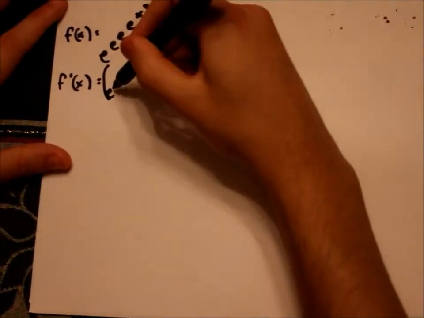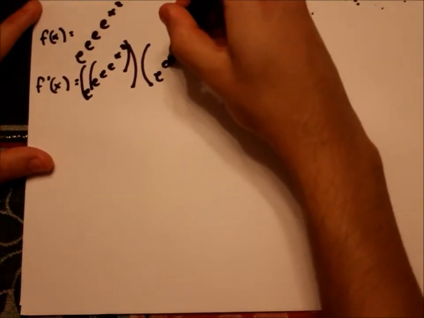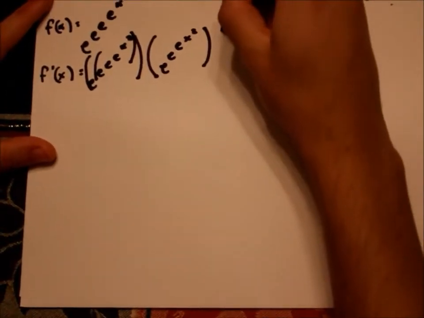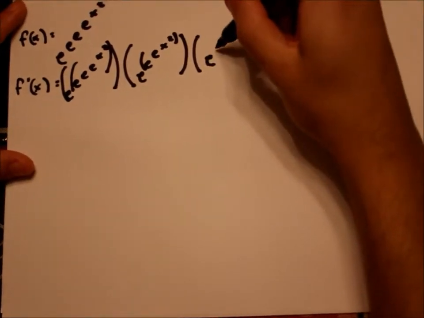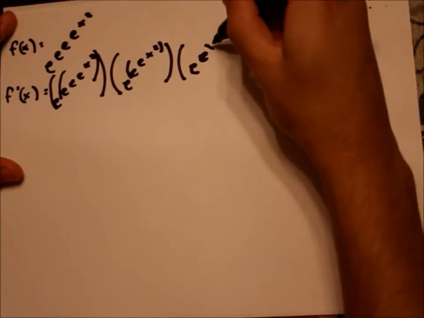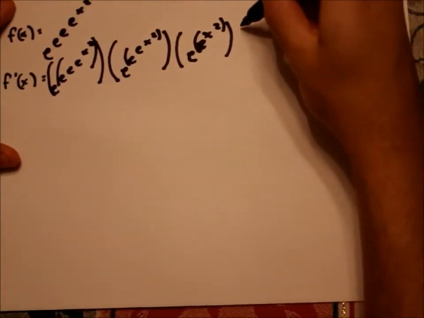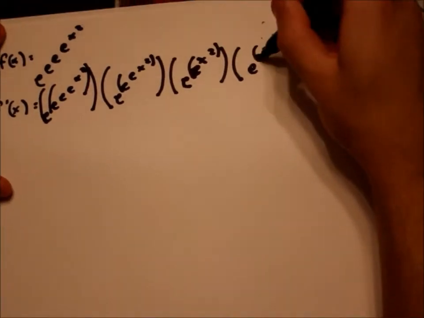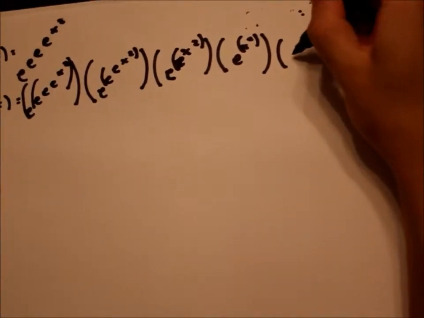Times this function, e to the e to the e to the x squared, times this function, e to the e to the x squared, times this function, e to the x squared, then just 2x.